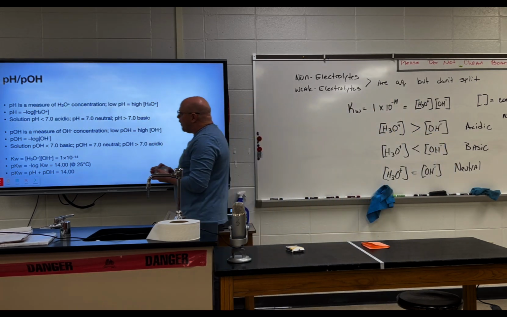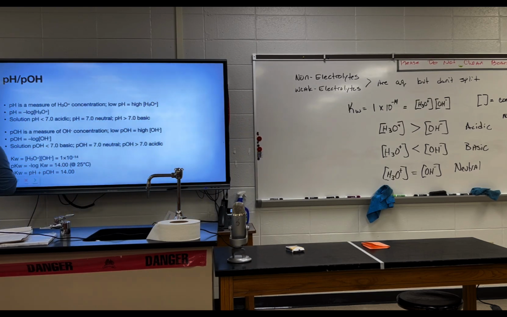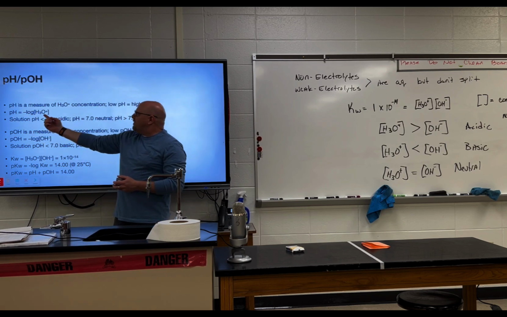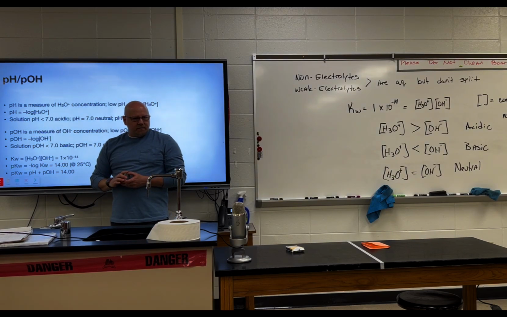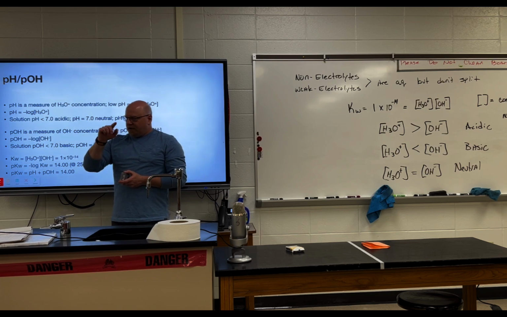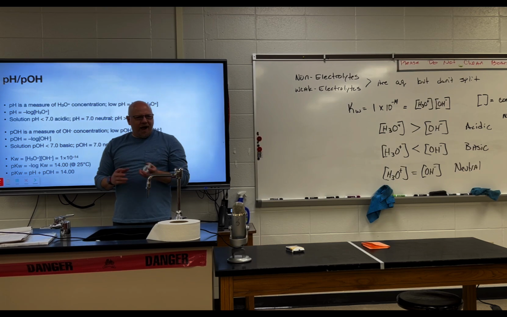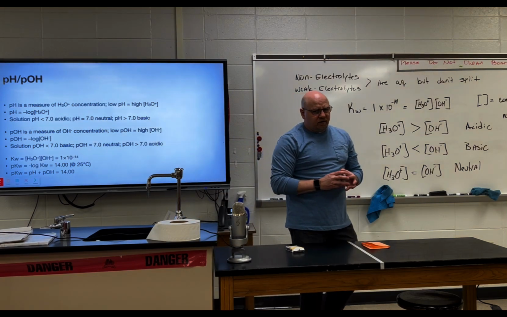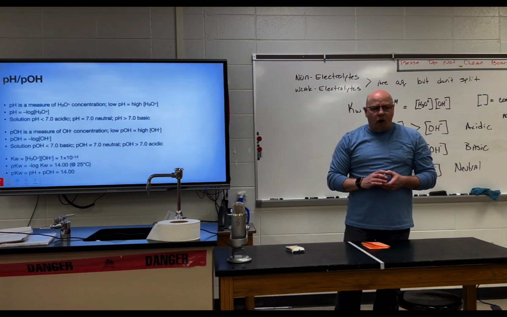The formula for pH is the negative log of the hydronium ion concentration. It's easy. You hit the negative sign, you hit the log button, and you type your number and enter. That's it. You have the pH. So we're not going to be using logarithms like in math to solve a problem.